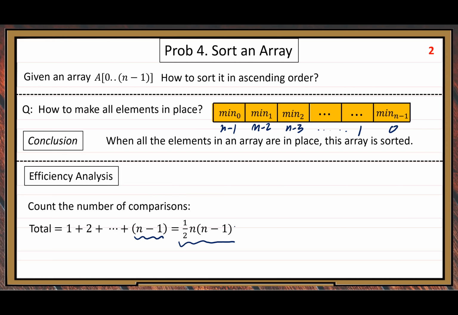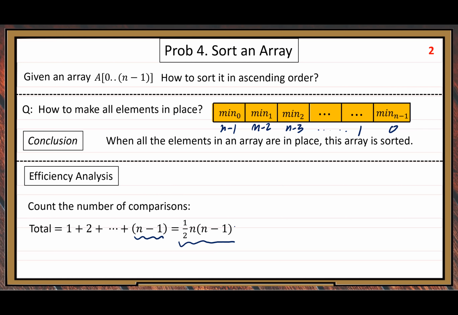Then let me ask you, what is the best case? What is the worst case? What is the average case efficiency? We have three different types of efficiencies. So in this question, what are those numbers?